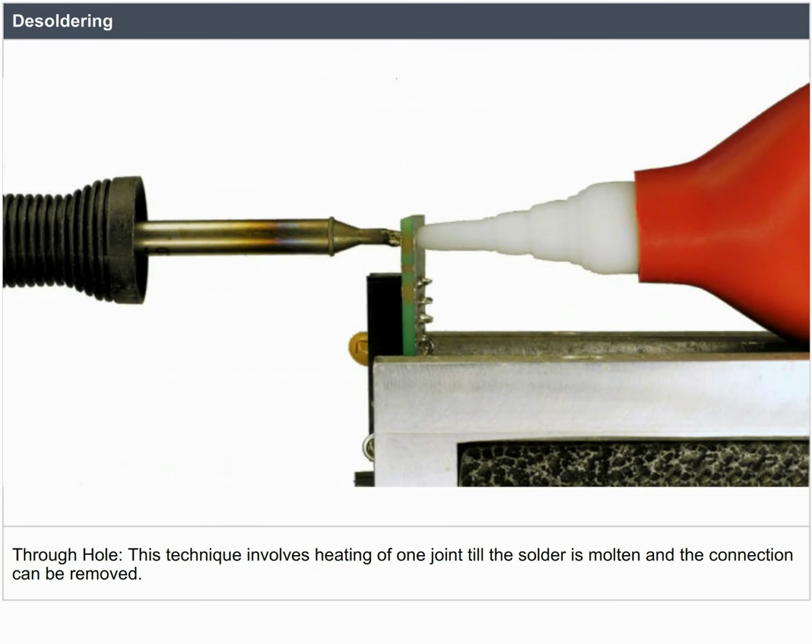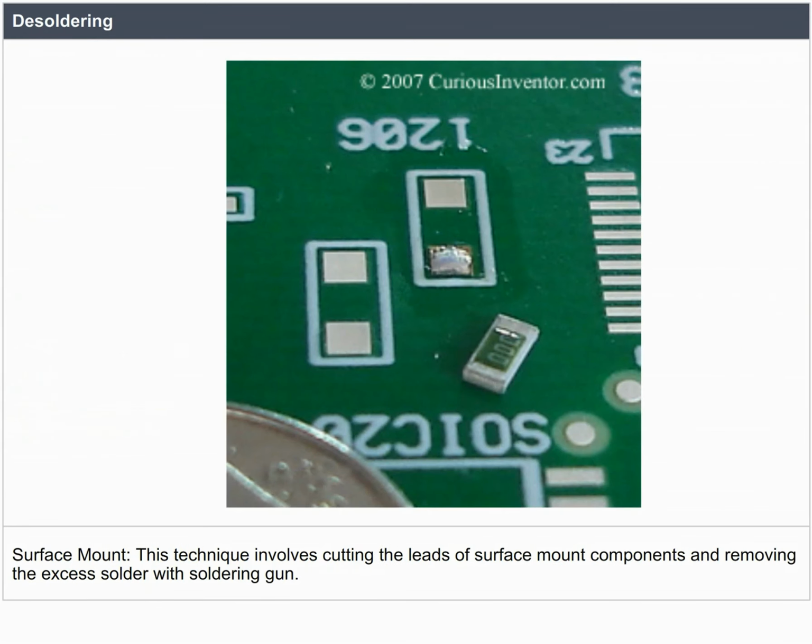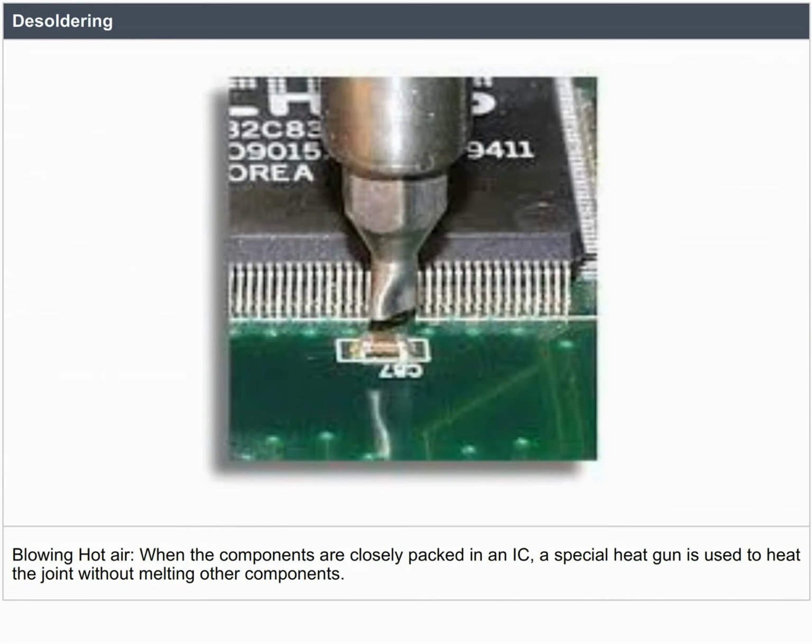Through hole. This technique involves heating of one joint till the solder is molten and the connection can be removed. Surface mount. This technique involves cutting the leads of surface mount components and removing the excess solder with a soldering gun. Blowing hot air. When the components are closely packed in an IC, a special heat gun is used to heat the joint without melting other components.